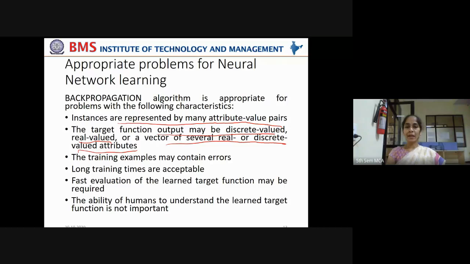Now, the training examples may contain errors. They can contain noise. Still, artificial neural networks are robust to that. And fast evaluation of the learned target function may be required. Sorry, let me cover this point first. Long training times are acceptable. Wherever long training times are acceptable, you can take up these artificial neural network models.